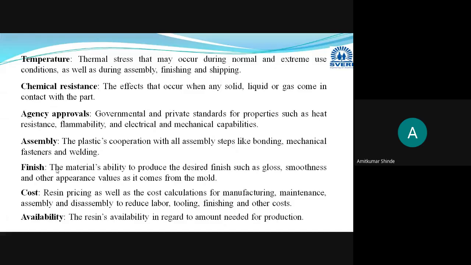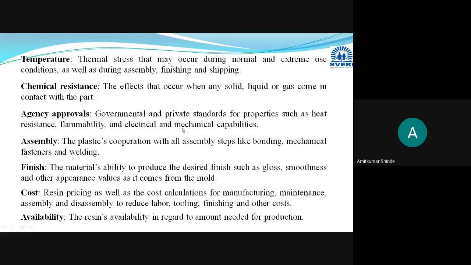Then next point is agency approvals. Now whenever you are selecting the materials, there are some restrictions from the government side related to the use of particular chemicals, resins or plastic materials. These are governmental and private standards for properties such as heat resistance and flammability, electrical and mechanical capabilities.